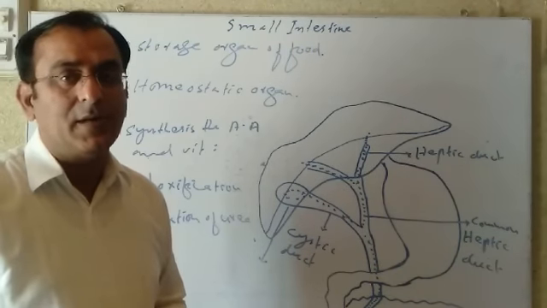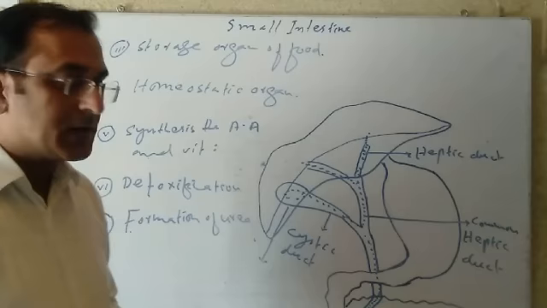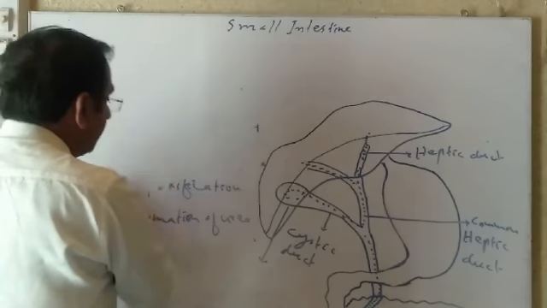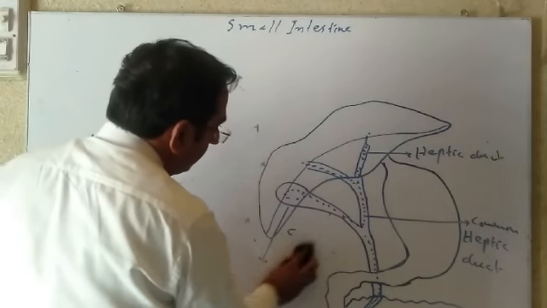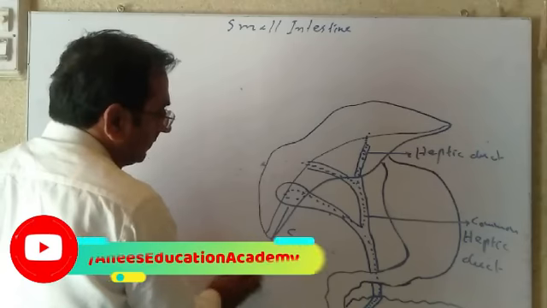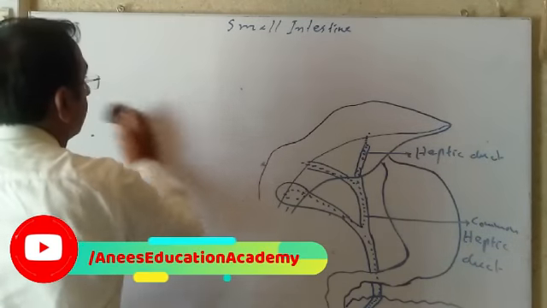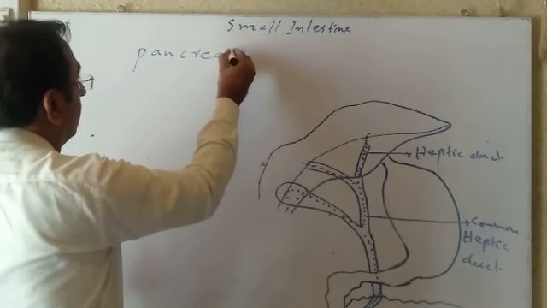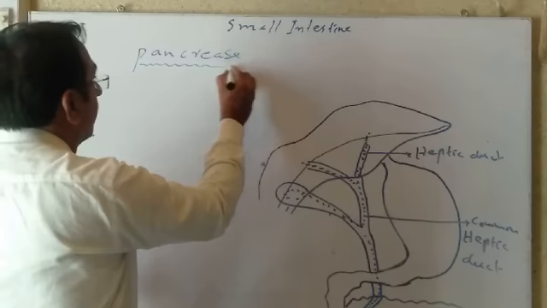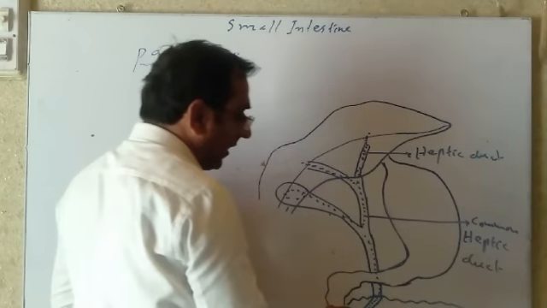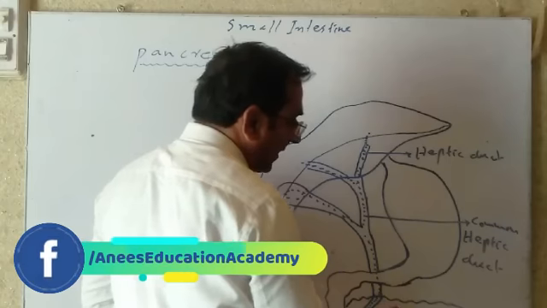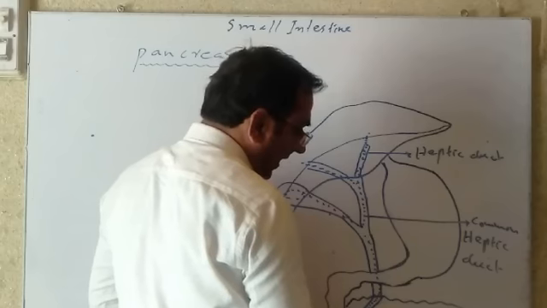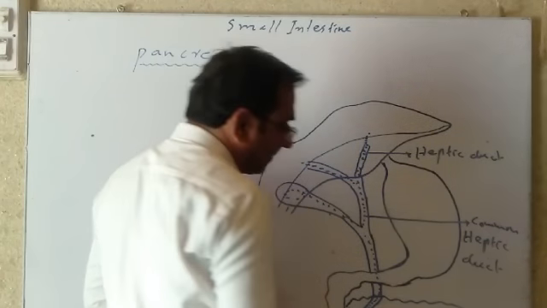Now we discuss another gland which is concerned with the duodenum. Pancreas is a leaf-like glandular organ present between the stomach and the curve of duodenum.